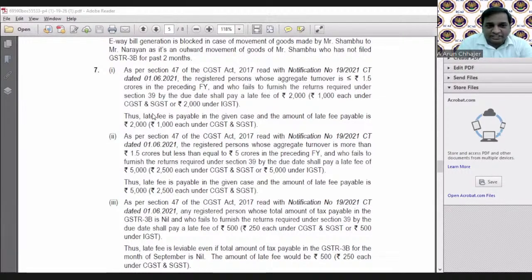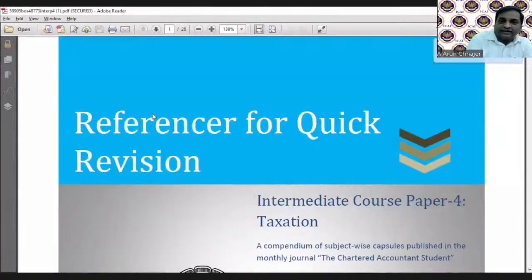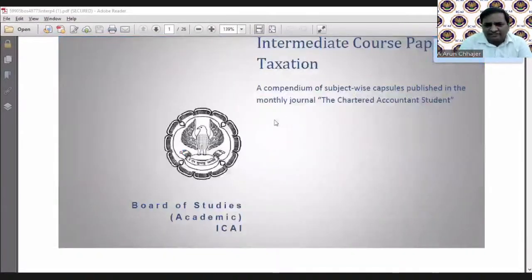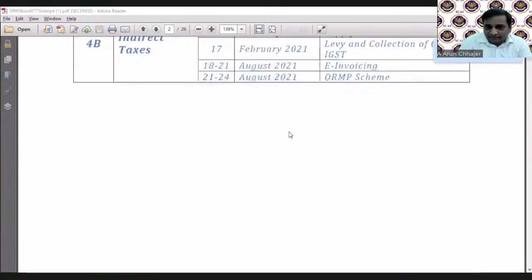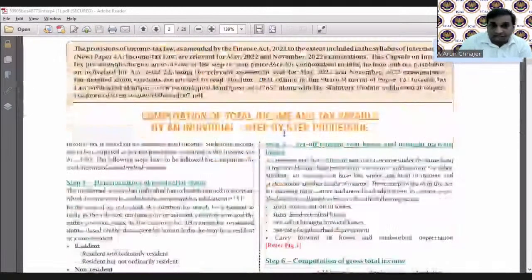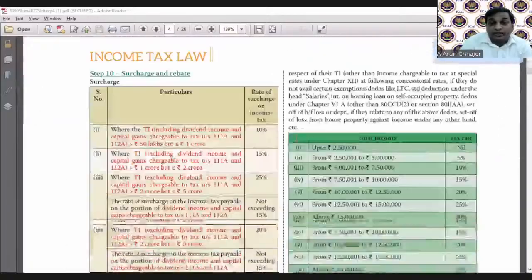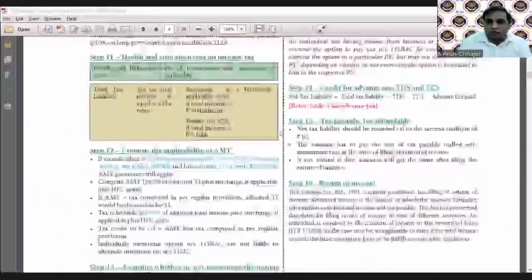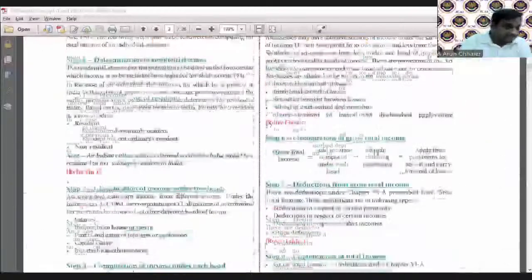For examination purposes, you must see this reference for quick revision, by which you can do the entire revision very fast. It is available on the institute website. Take the printout and do the revision. By this, you can quickly revise your entire chapter and syllabus.